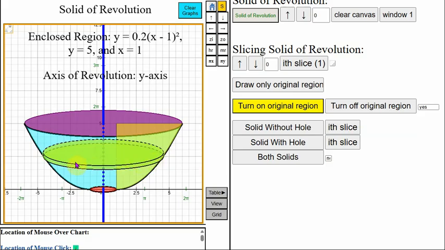And here's one slice. Let's call this the ith slice. So let's go find the volume of this ith slice and then find the volume of the solid without the hole.